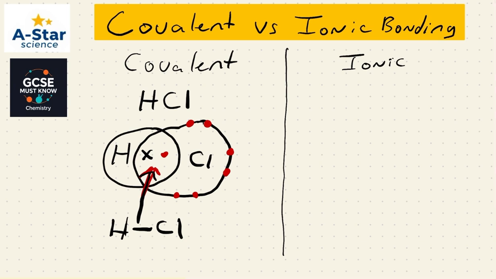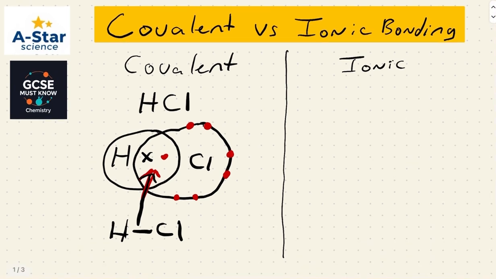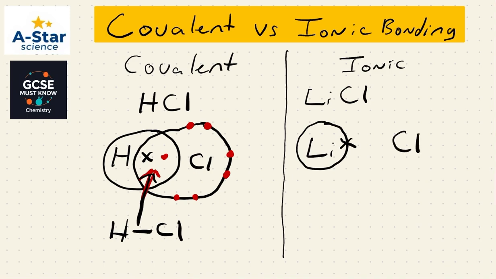Let's look at ionic now. So ionic is a metal and a nonmetal together. A simple ionic compound that we can draw is lithium chloride. Lithium has 3 electrons with 1 on the outer shell, like that. And chlorine has 7, as we just said, on the outer shell.